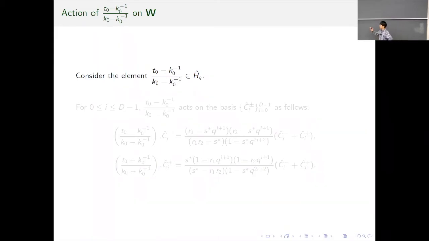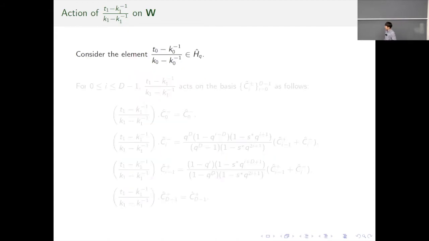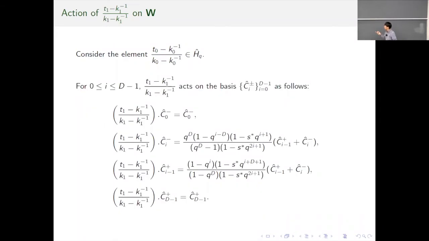That's why we think of this element, and the action of T naught on Ci plus minus hat gives us this action. Similarly, we think of this, it should be T1 minus K1 inverse over K1 minus K1 inverse. Again, T1 has exactly two eigenvalues, say K1 and K1 inverse.